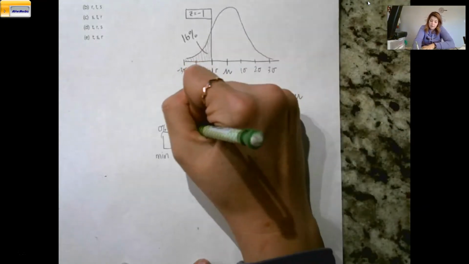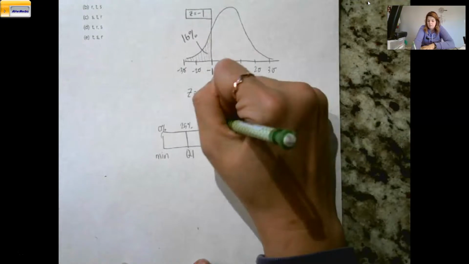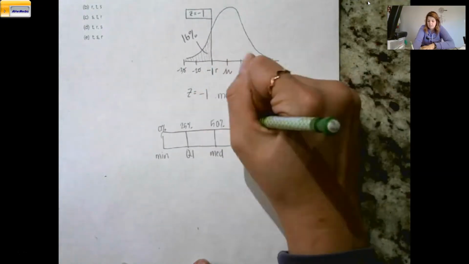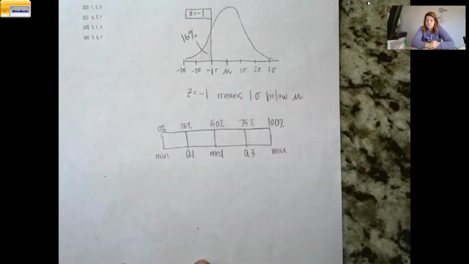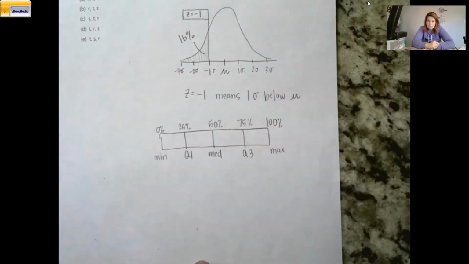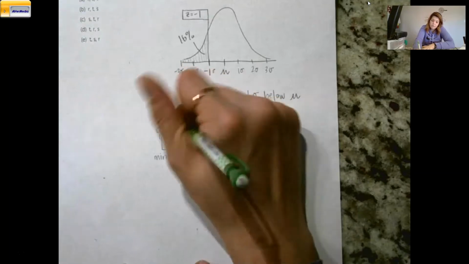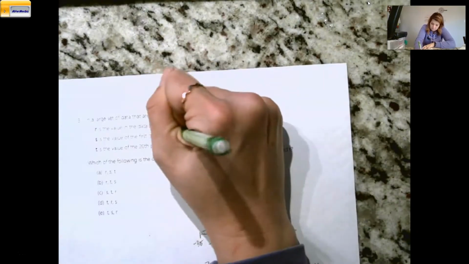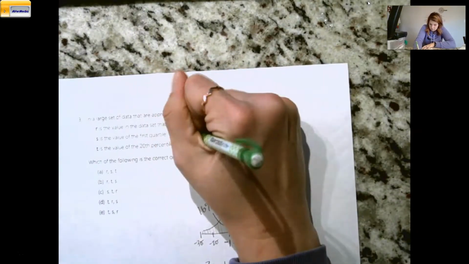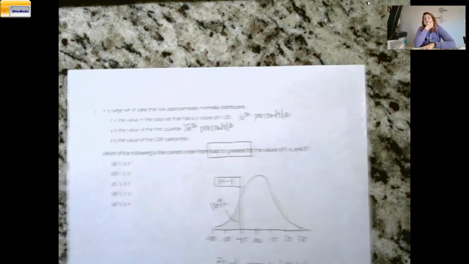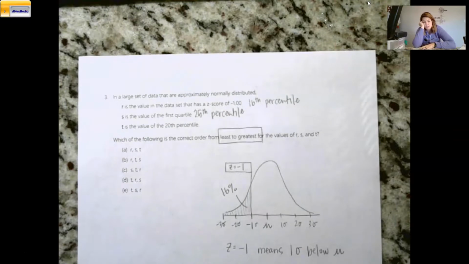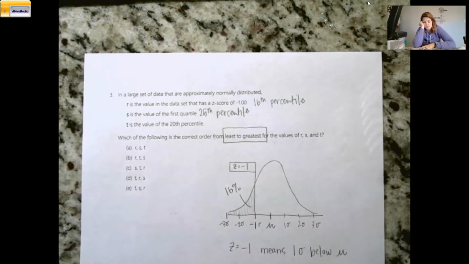Quartile 1 is 25% of your data. 50% of your data, 75% of your data, 100% of your data. So it turns out that quartile 1 is at the 25th percentile. "25% of the observations are less than or equal to the first quartile."